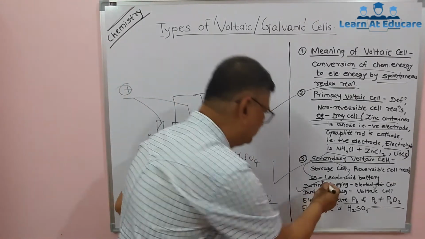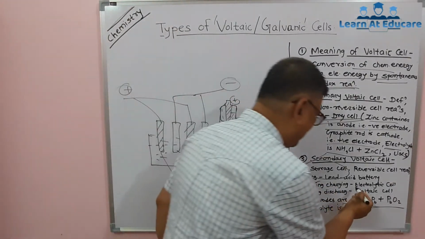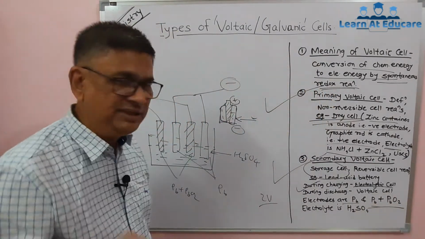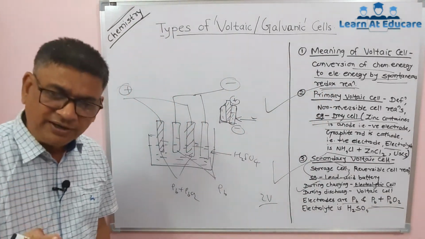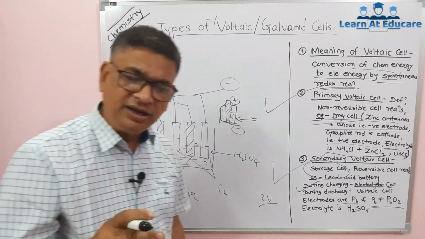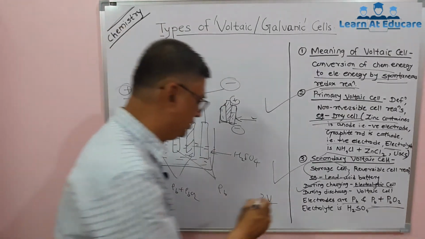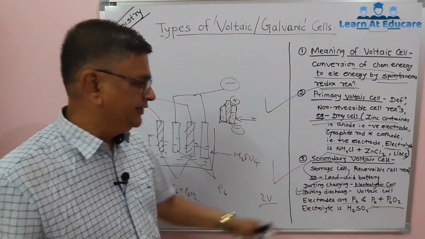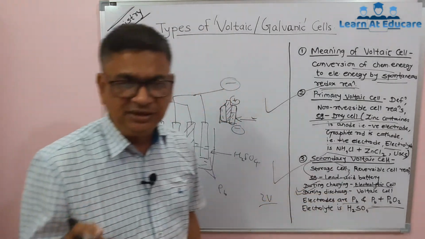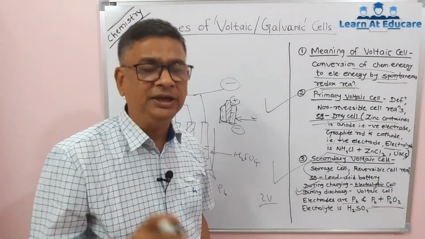During charging, this kind of storage cell acts as an electrolytic cell, means it converts electric energy into chemical energy. But during discharging, it acts as a voltaic cell, means it converts chemical energy into electric energy.